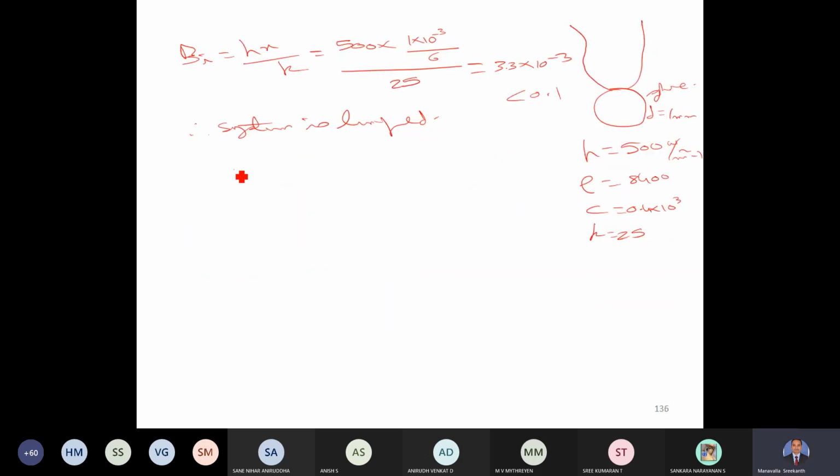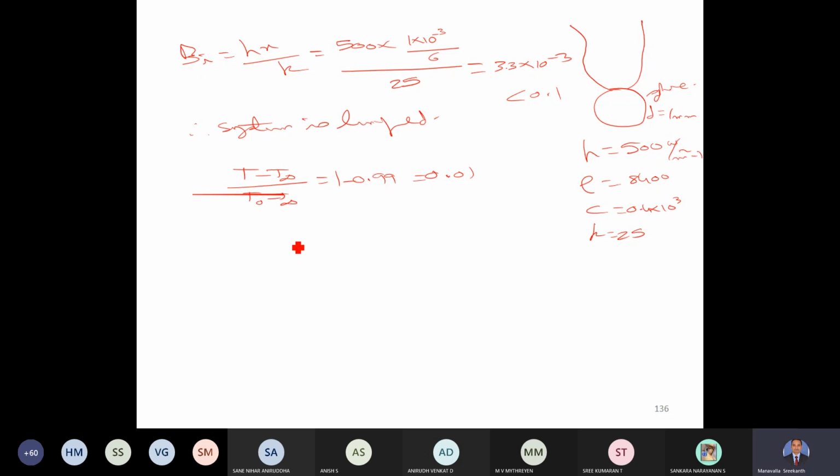So this ratio T minus T infinity divided by T naught minus T infinity is given as 1 minus 0.99, so this is 0.01.